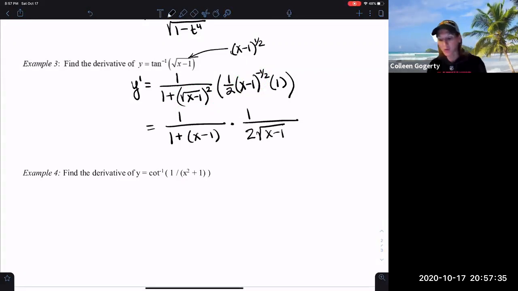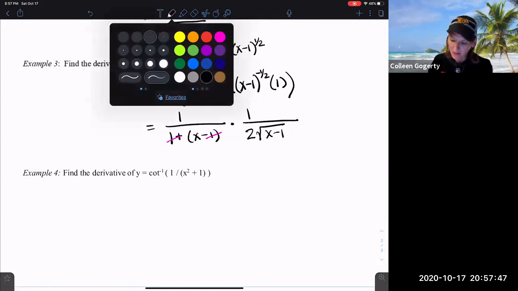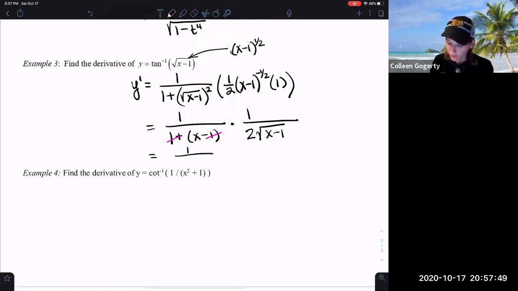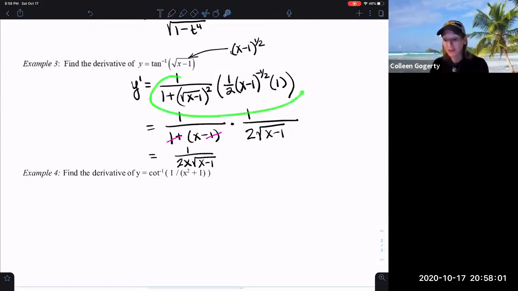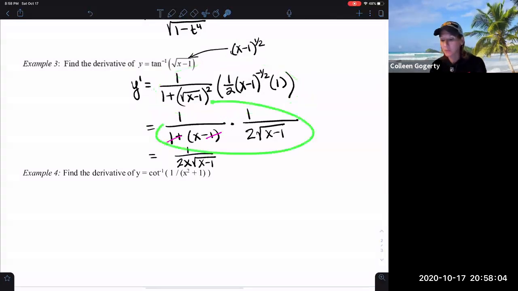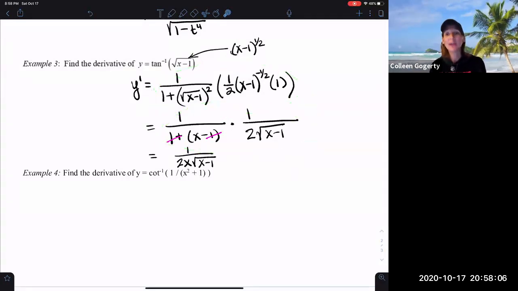And then I just have times 1. Okay, so if I start simplifying some things up, those 1's cancel. And now otherwise, if I multiply this together, I get a nice 1 over 2 times x square root x minus 1. Now, I know in my classes we've been talking a lot about how far do you really have to go. I do want you to just see from time to time our manipulation with our exponents and just simplifying fractions. It's still good for you to keep those skills strong, okay?